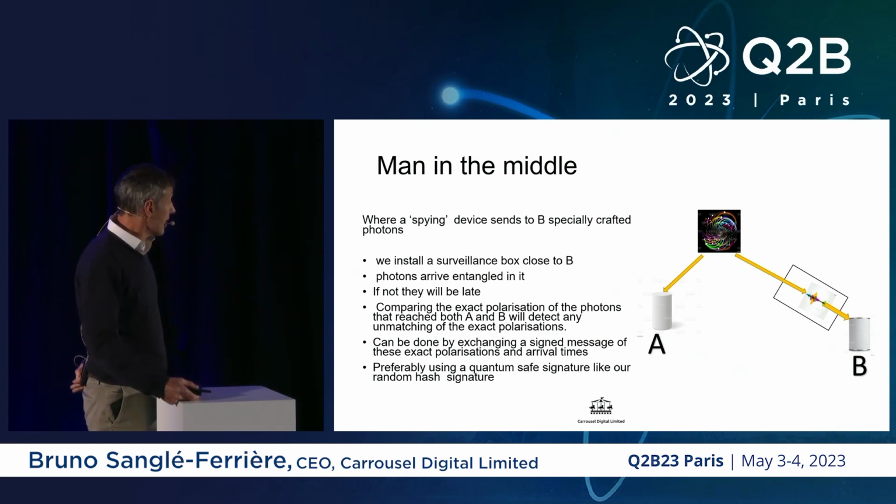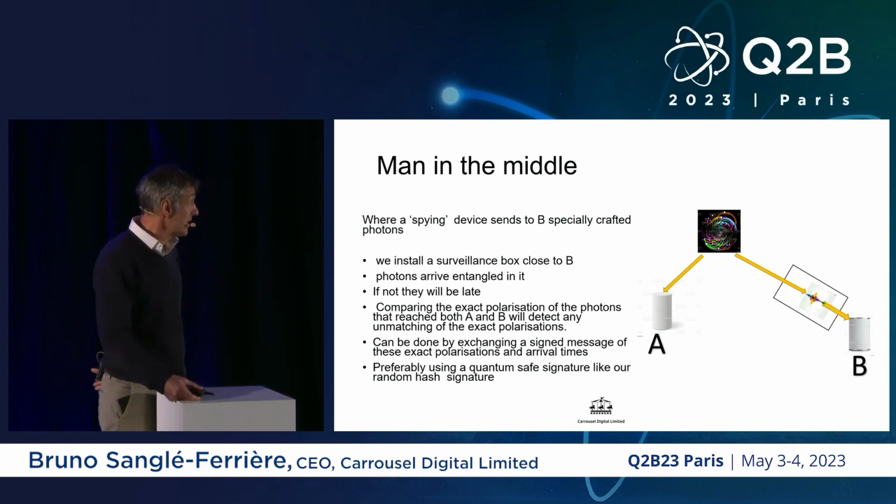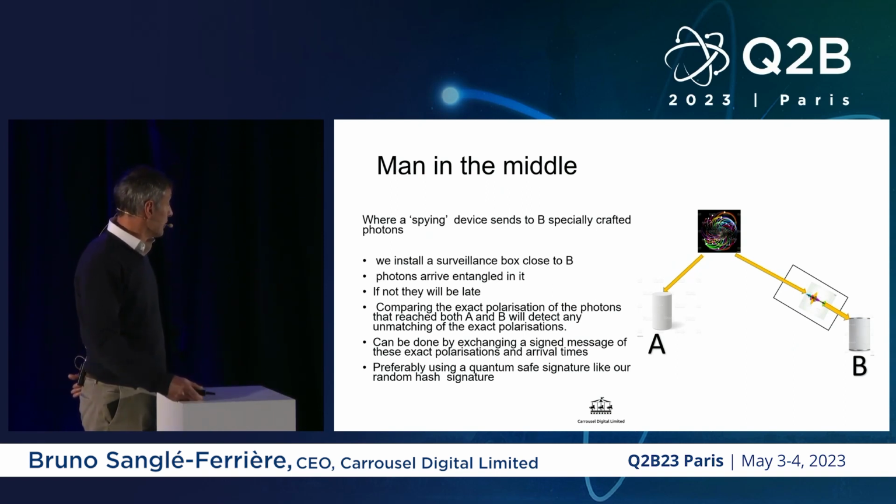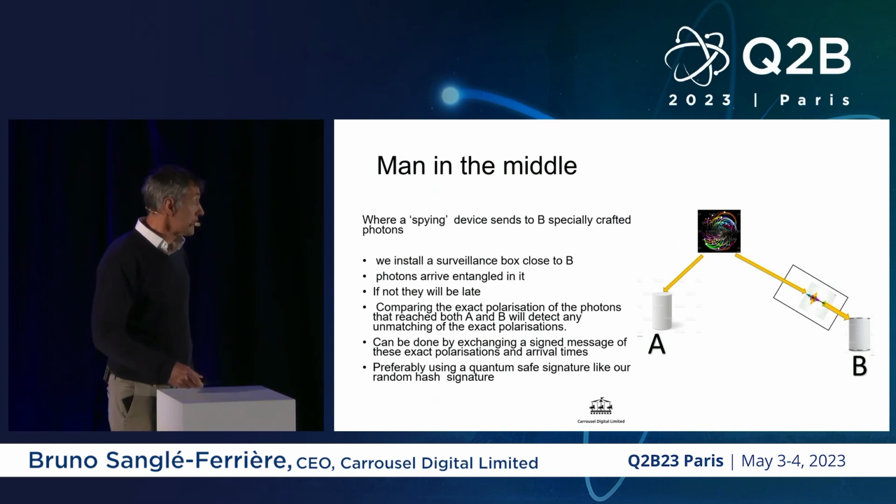If they do not arrive entangled in this box, which means if the photon phase is not decided after they've reached the box, the photon will be late, and therefore this will be detected while reaching B. And then we write down and compare the exact polarization of the photons that reached both A and B. We exchange a message between A and B, maybe using the same process, but probably without this step of verification.